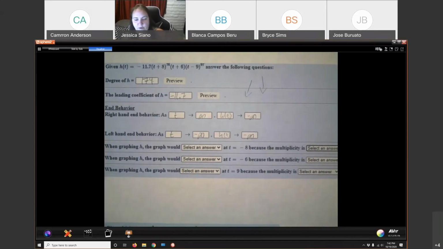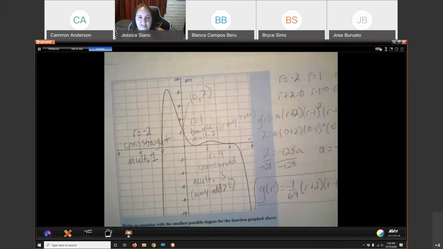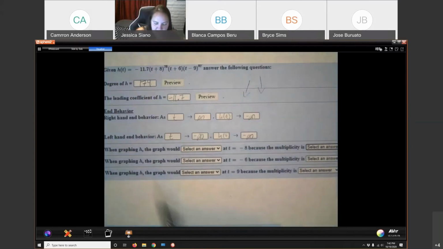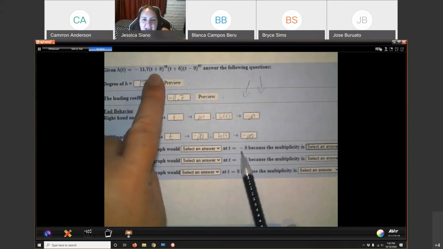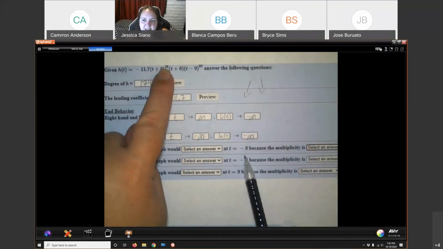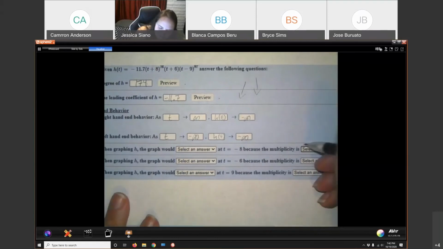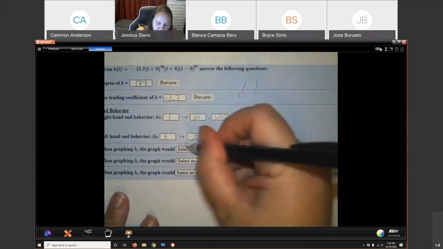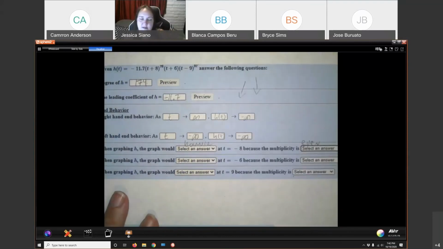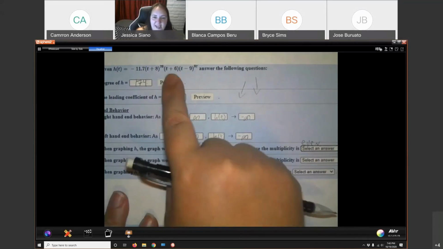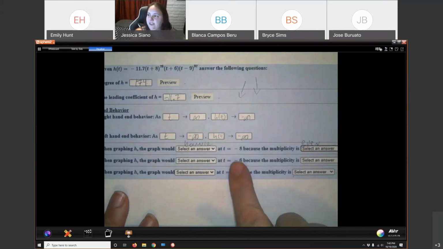I'm going to pull this back right here because this is what it's asking for. It's asking for what's happening. So here, if this t plus 8 factor has a multiplicity of 76, that is even multiplicity. And since the multiplicity is even, the graph will bounce. This t plus 6 that gave me the t equals -6 has a multiplicity of 1.